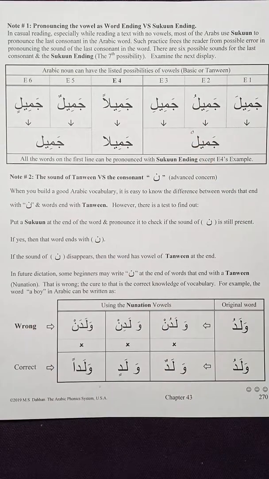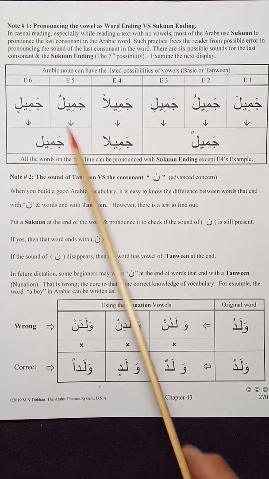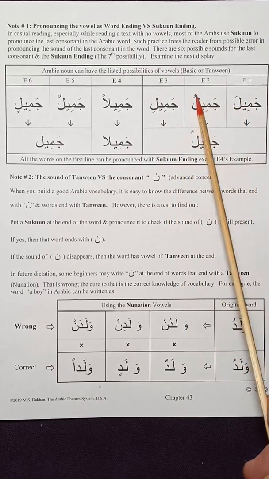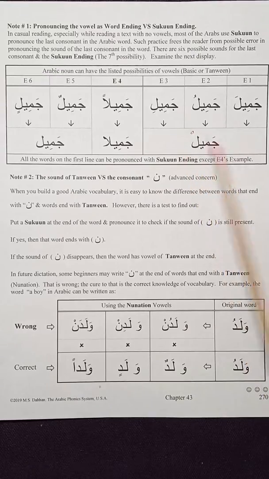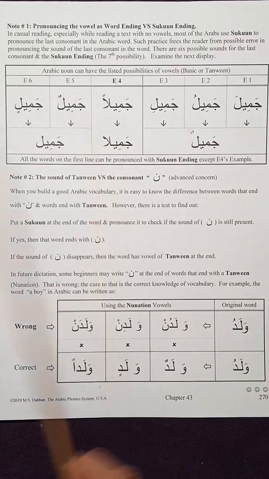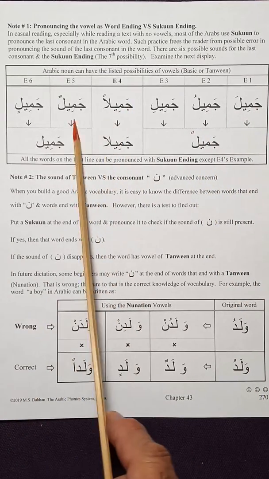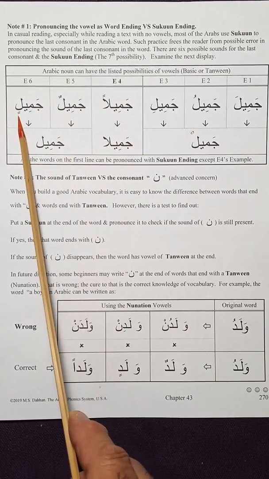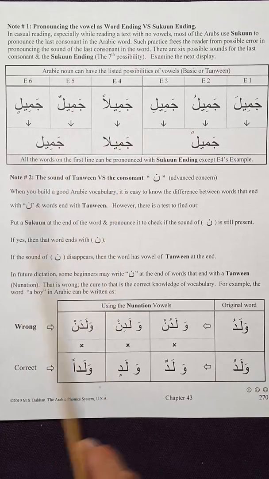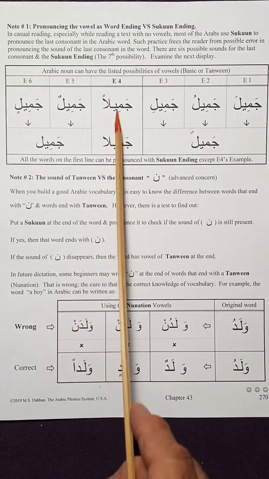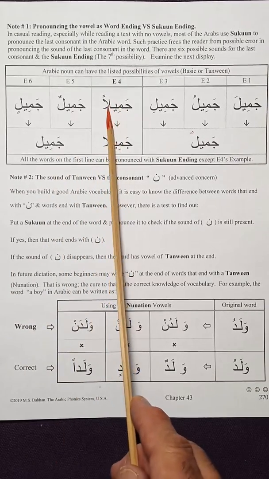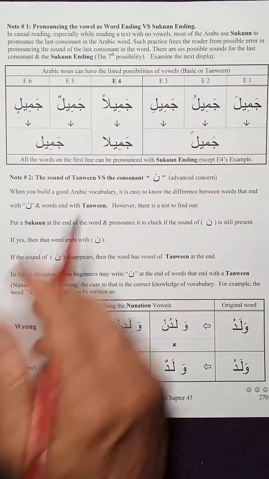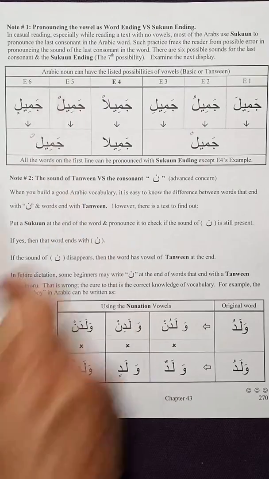You remember? All of them, you ignore the vowel, and that's what you get in all these cases. But with the tanween, we have Jamilan or Jamilun or Jamilin. In the case with the alif, we keep it: Jamila. But the others are like the other one here: Jamil. You just lose the vowel.